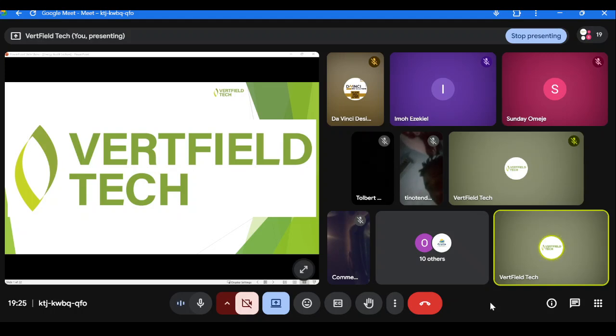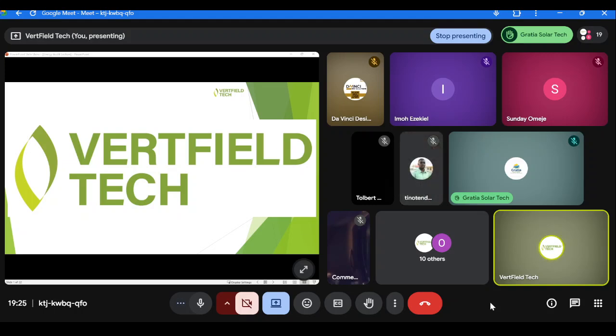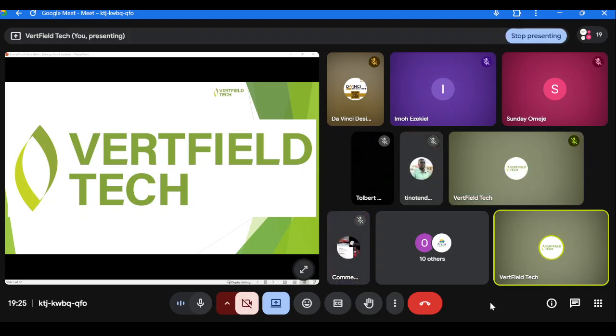On one hand, it helps you to know the energy need of your facility, and on the other hand, it helps you to use the information of the energy need of the facility to size your various solar components. That is what your energy audit does for you.